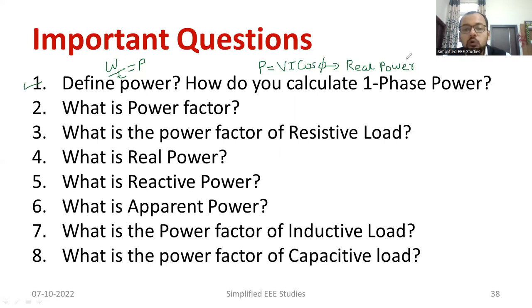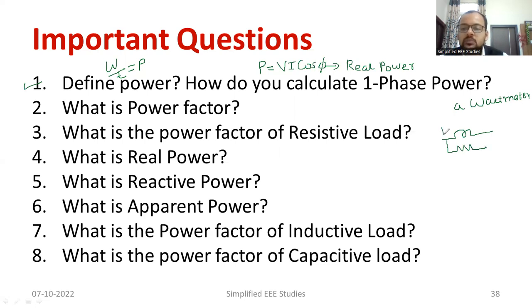Next, how do you measure single phase power? You can measure the single phase power by using a wattmeter. The examiner may ask the question again, and at that time you can say that single phase power can be measured by using a wattmeter. See, this is your wattmeter.